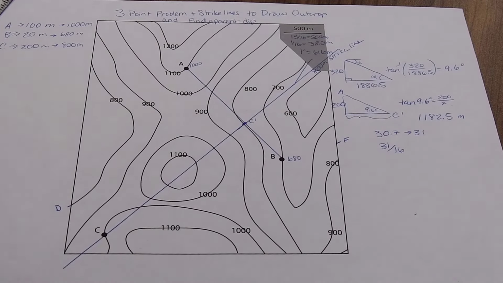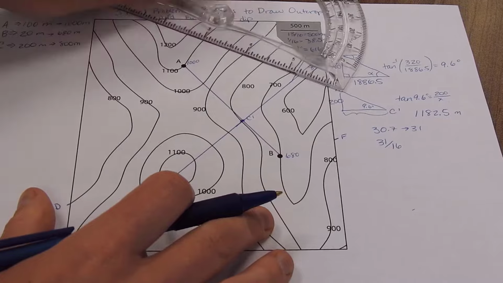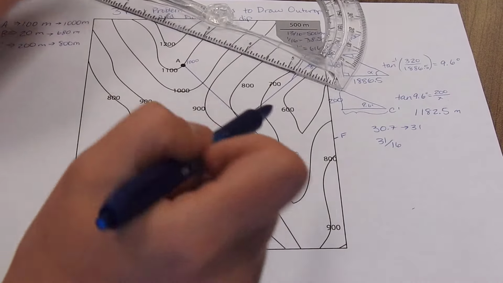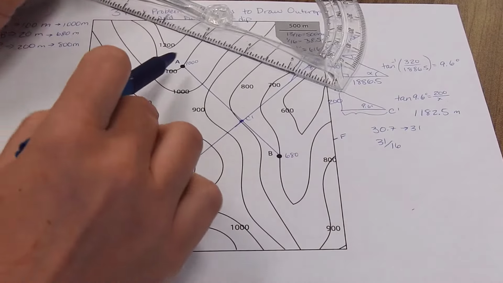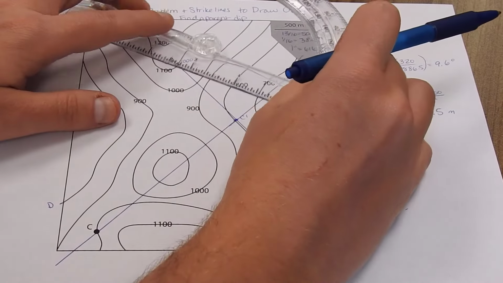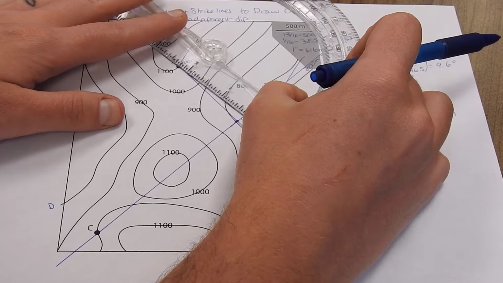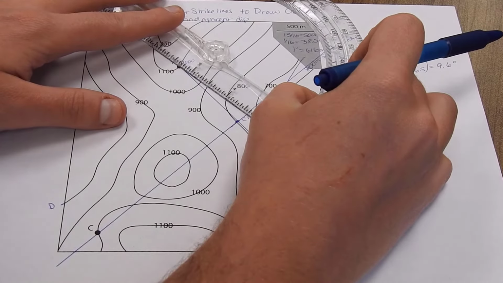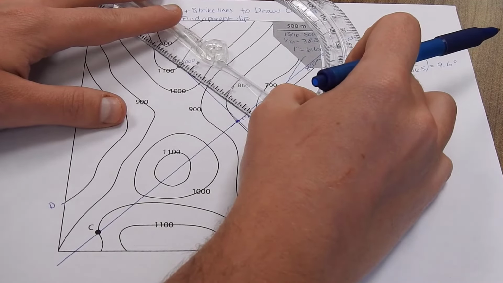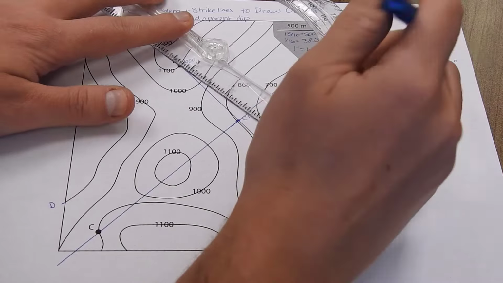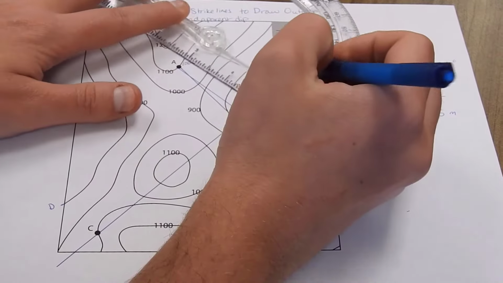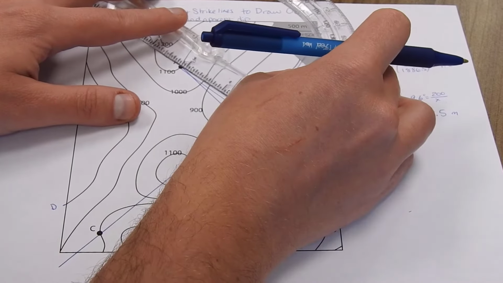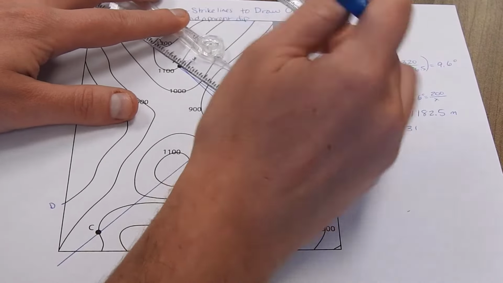So now we can measure dip. What we're going to do is dip is going to be perpendicular to strike. So starting at A, we're going to drop a line perpendicular to strike. A little off on that.